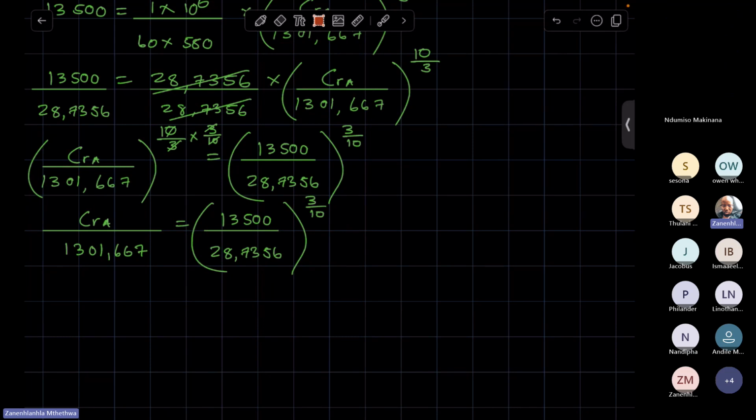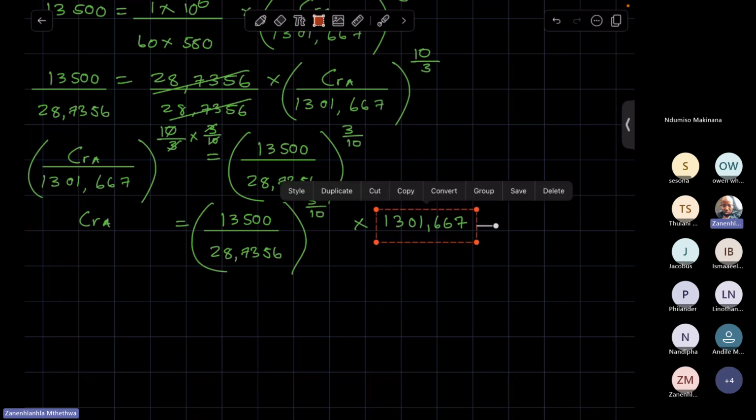Now all you do is you multiply both sides by this here. So if you multiply this side by this, that's going to cancel this side. So you multiply this on this side as well as on this side. So essentially, all you do is multiply both sides by this.